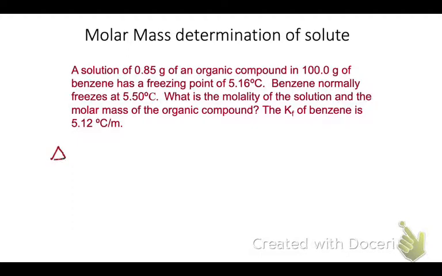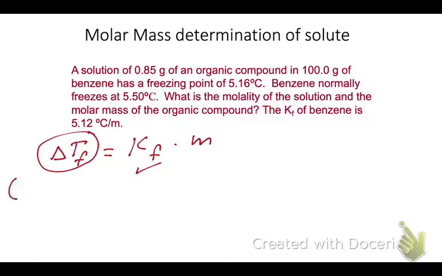I'm going to start one more time by writing my equation and see what I have and what I need to calculate. They gave me Kf and they gave me delta Tf, because they gave me the freezing point of the solution and benzene, which is my pure solvent. So in this case, it will be 5.50 minus 5.16 degrees Celsius equals Kf, given as 5.12 degrees Celsius per molal, times molality.